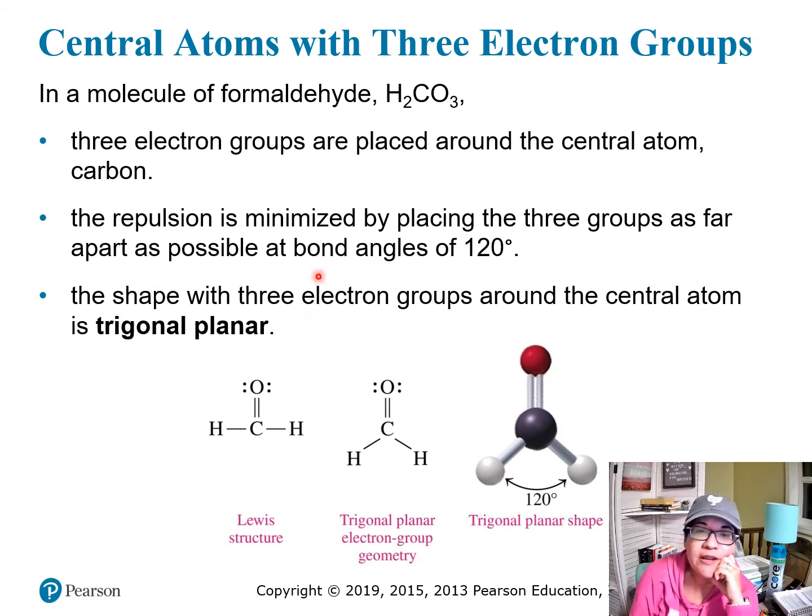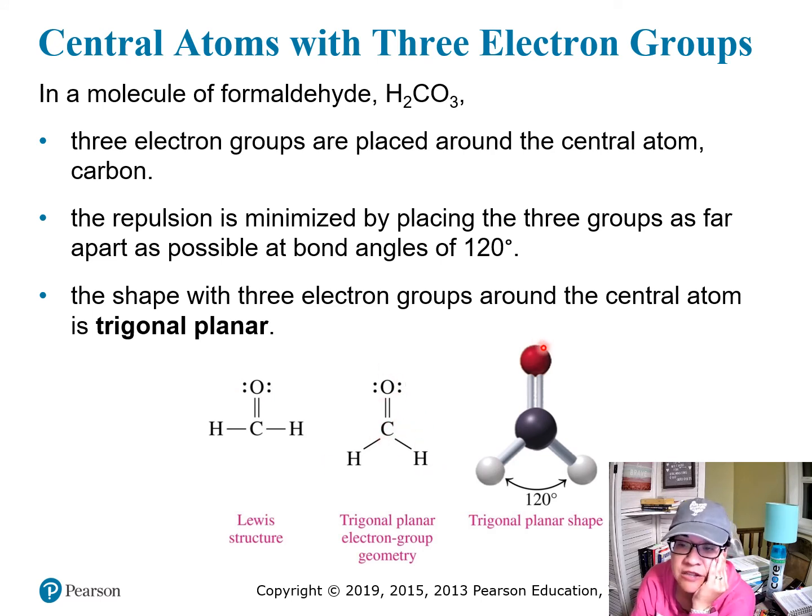And then if we have a shape like this, H2CO, this is formaldehyde, it's going to have the carbon in the middle, the oxygen double bonded to it, and then an H coming off each side. So we might think it looks like this, but it's actually going to look like this because they're all going to try to get away from each other.